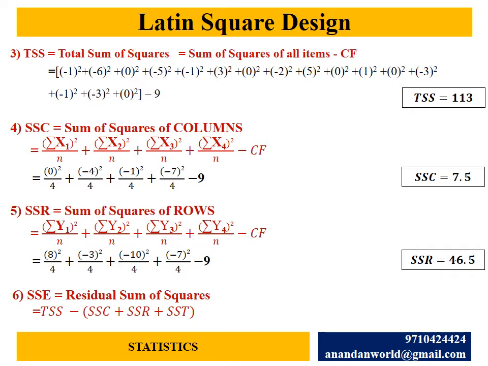Then SSE equals TSS minus the sum of SSC, SSR and SST. So 113 minus 7.5, 46.5, 48.5. So we get the value of SSE as 10.5.